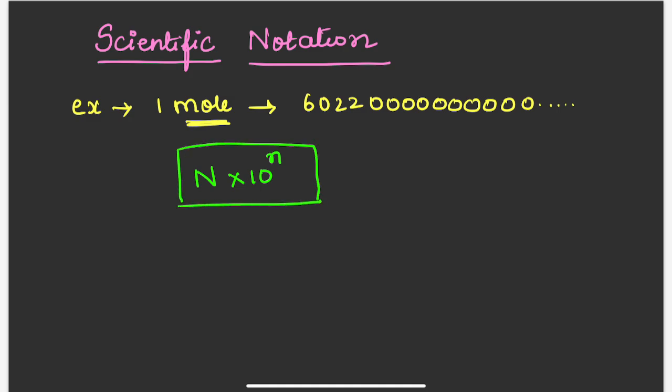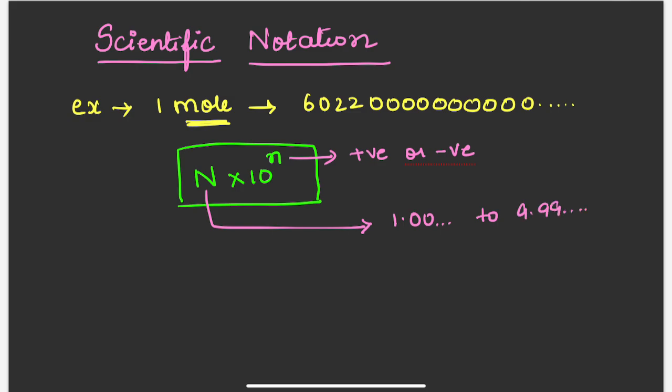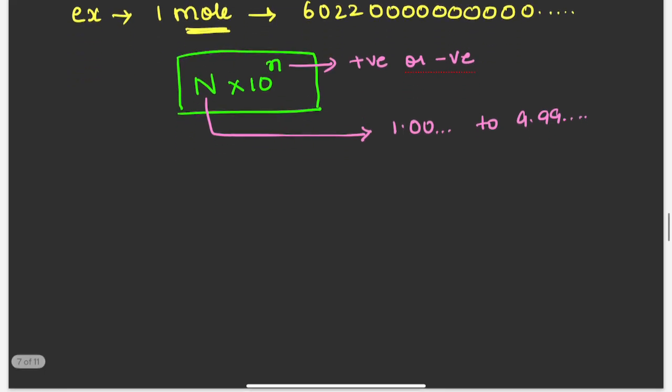Here n can have a positive value or a negative value. And here capital N can have values from 1.00 to 9.99. So let us take some examples and try to understand this.